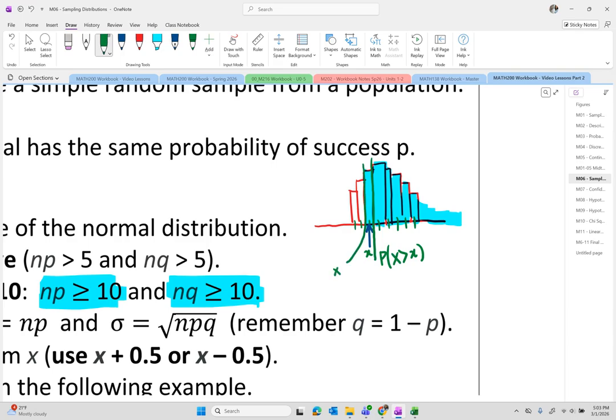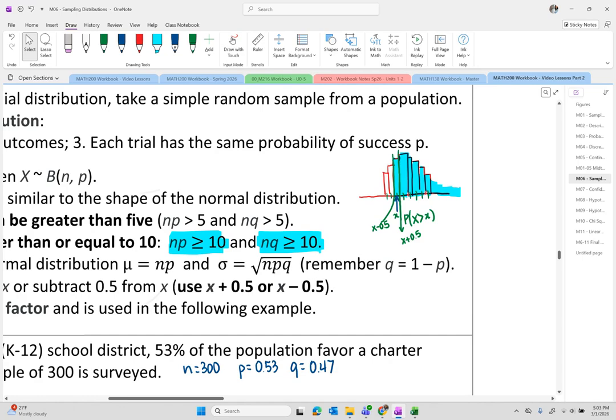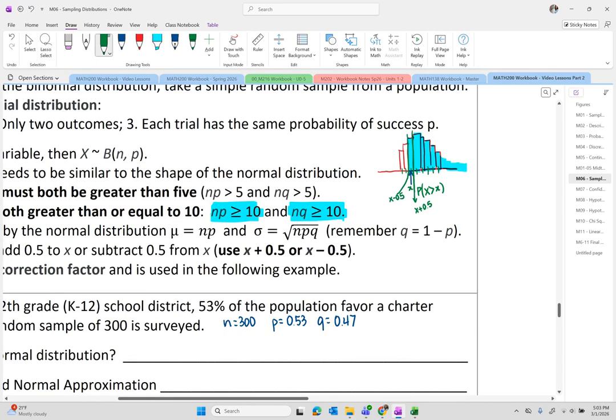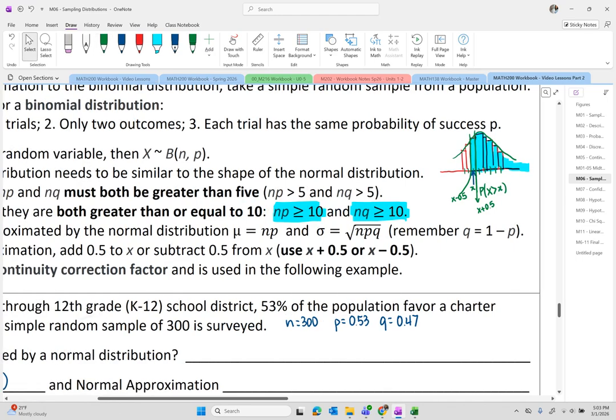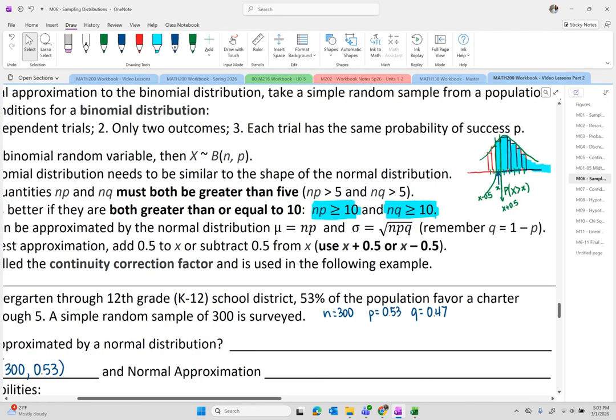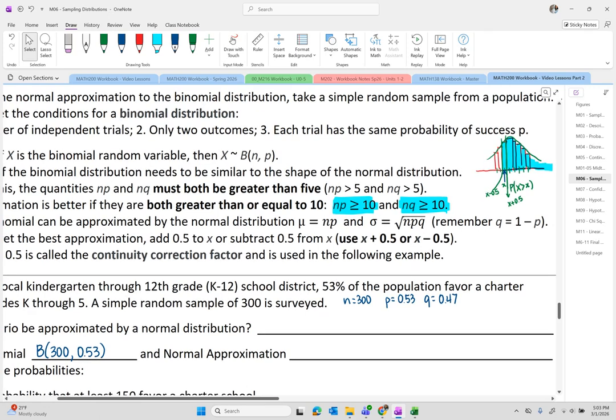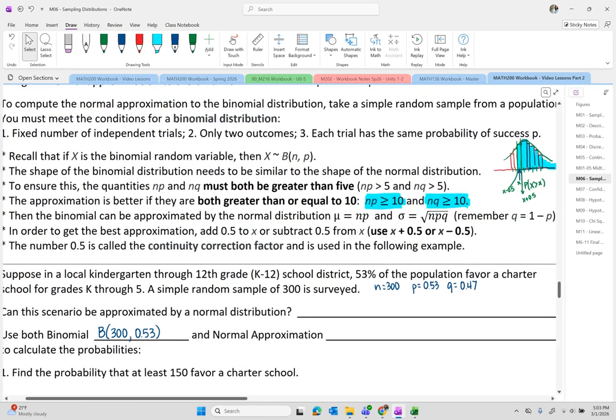So this rectangle that is centered at x has a left bound of x minus 0.5 and a right bound here of x plus 0.5. And then every whole number is centered under every rectangle. So when you are embedding a continuous curve here, you want that continuity to be as close to the area of the binomial distribution as possible, and that's why we use the 0.5 continuity correction factor.